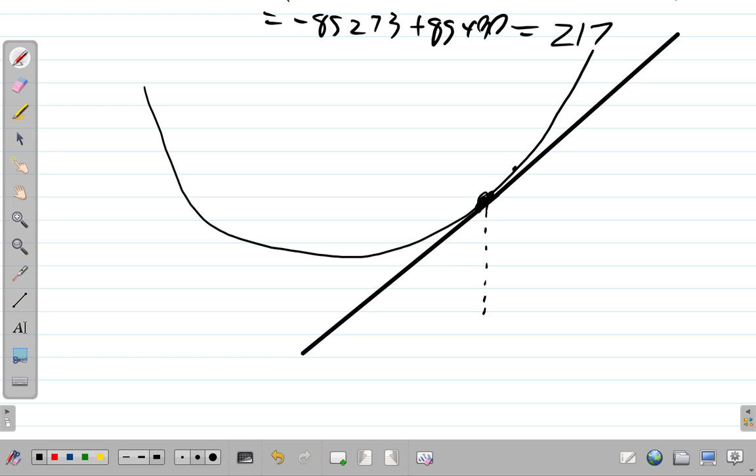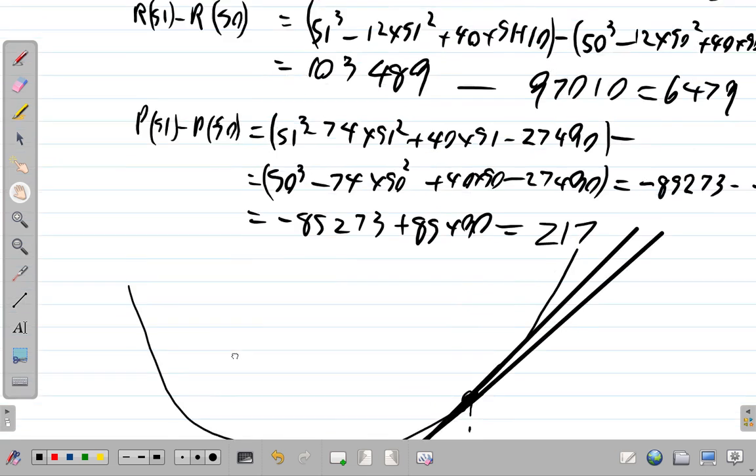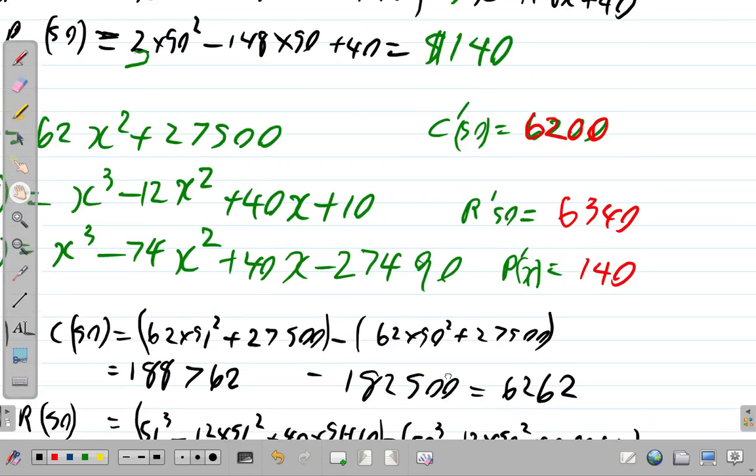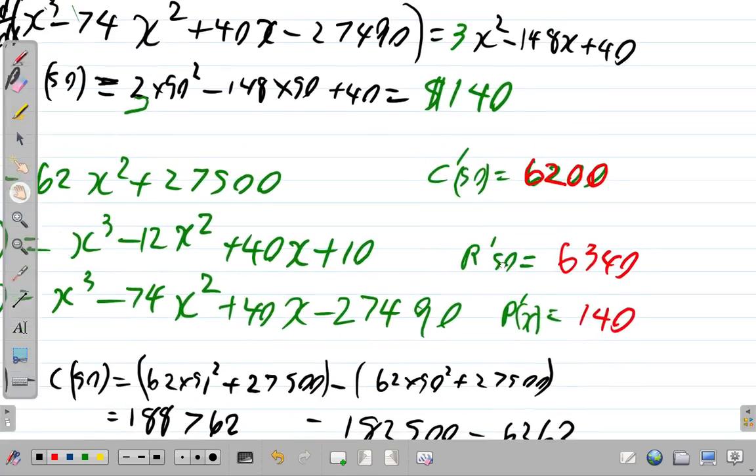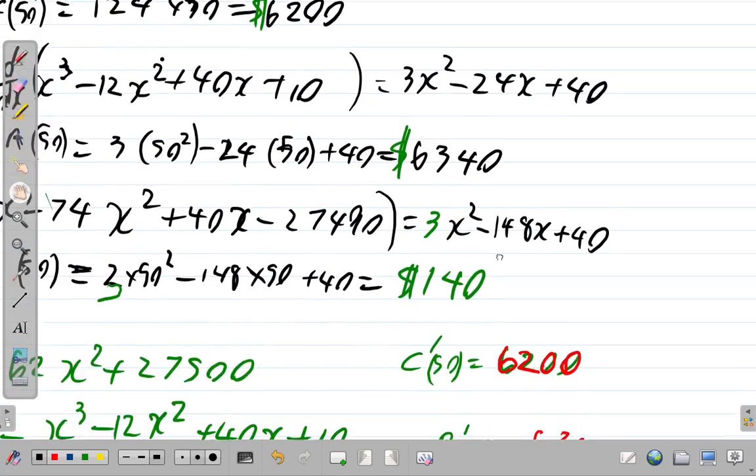If 51 was here now, the line between that would be a chord between 51 and 50, and it would be a little bit off. So in this case, the gradient of the chord would be a bit different from the gradient of the tangent.